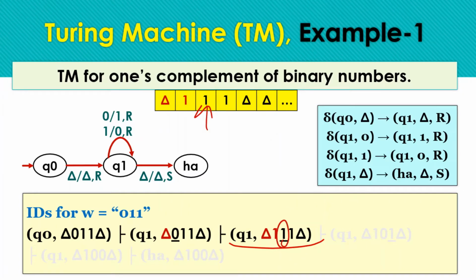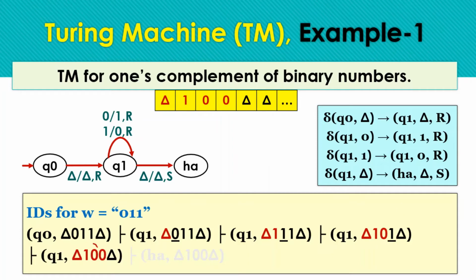Next we are again moving to Q1 and replacing this 1 with 0, and the next symbol to be considered is 1 here. Now we are moving to Q1 again by replacing this 1 with a 0. So here is the next tape symbol.